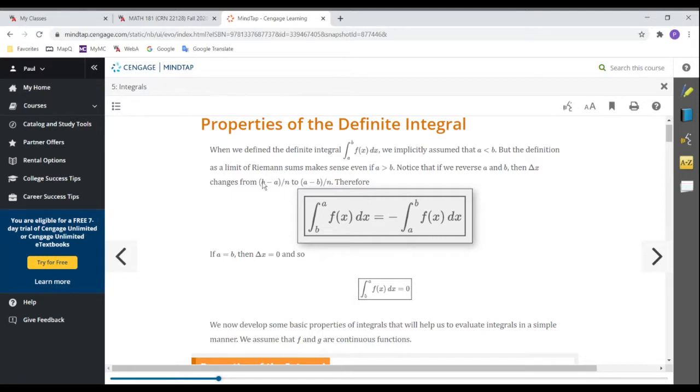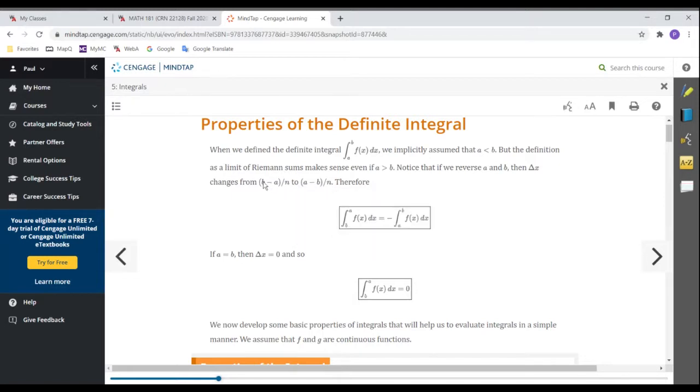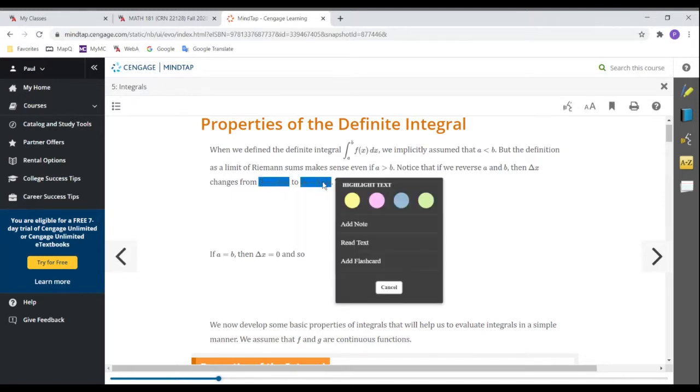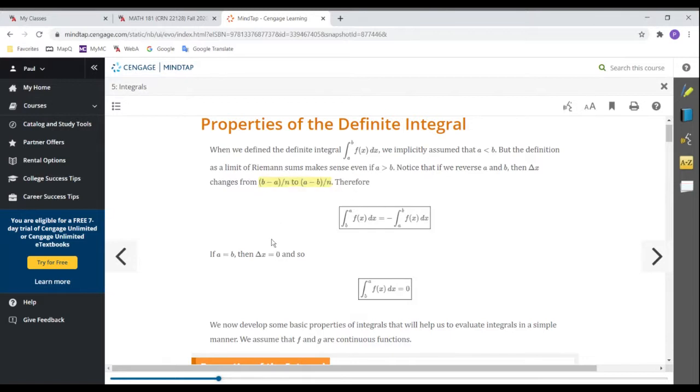And that has to do with this. Remember how delta x is defined. The integrals are based on the Riemann sum. In the Riemann sum, delta x is defined as b minus a divided by n.